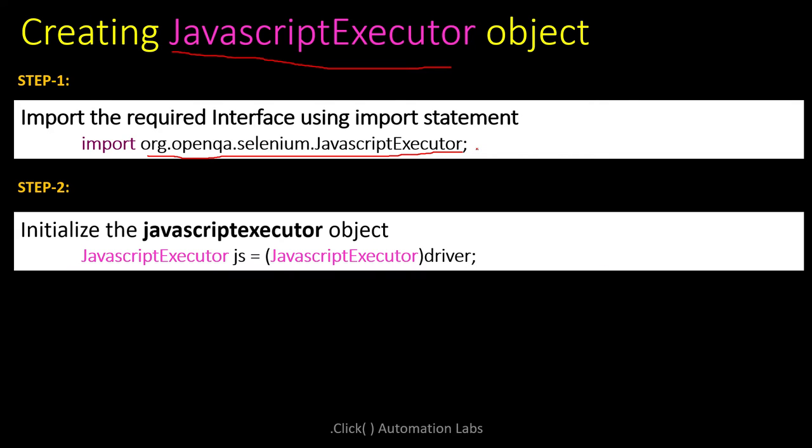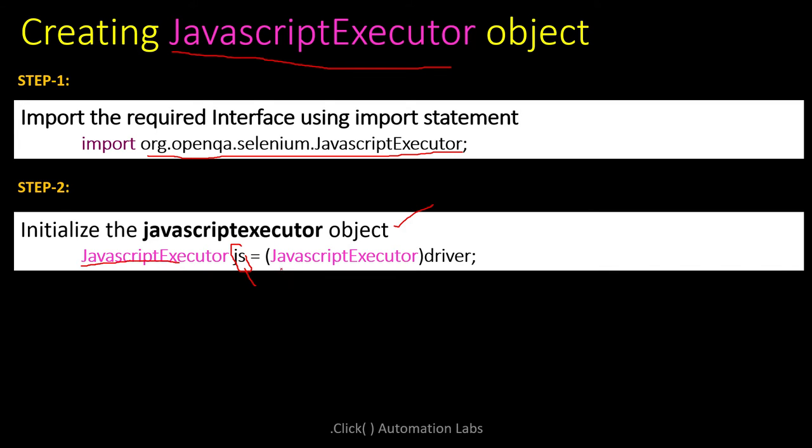In step two, we need to initialize a JavaScript executor object. This is the class JavascriptExecutor, and this is the object name. You can write js or javaScriptExecutor or x or y or whatever, but it should be meaningful to the class we are importing.